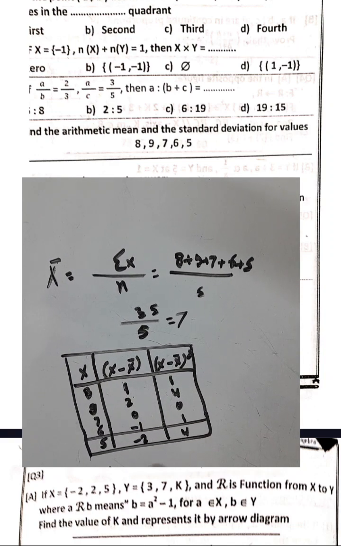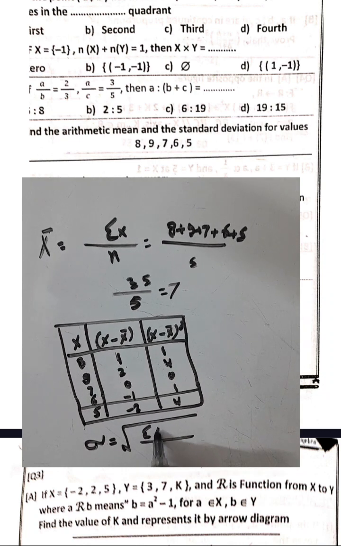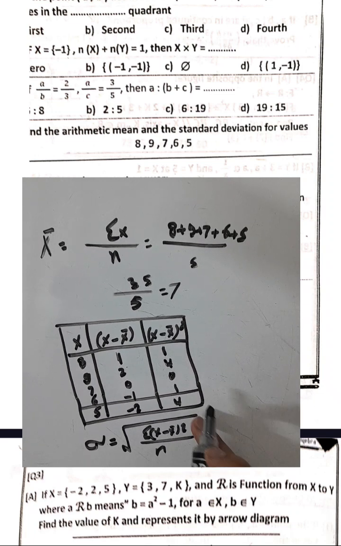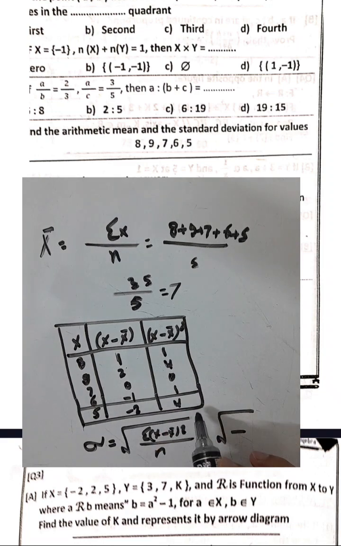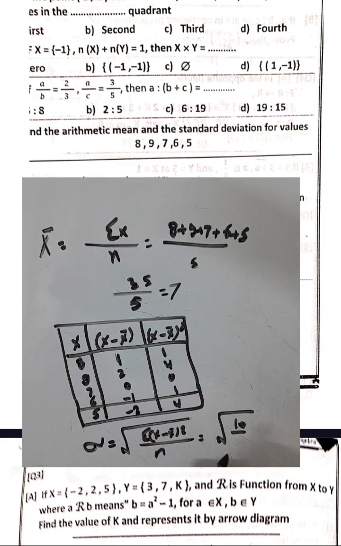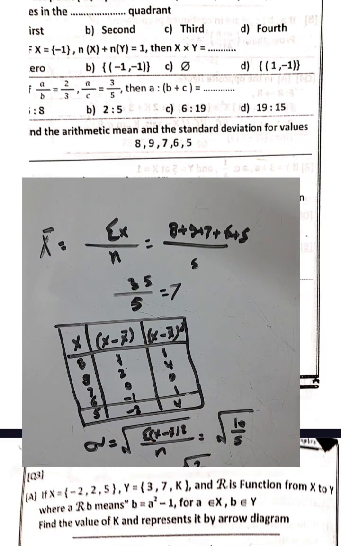Then the standard deviation, sigma, equals the square root of the sum of (x minus x bar) squared over the number of elements. The sum is 1 plus 4 plus 0 plus 1 plus 4, which is 10, over the number of elements, 5. Then the result will be the square root of 2.